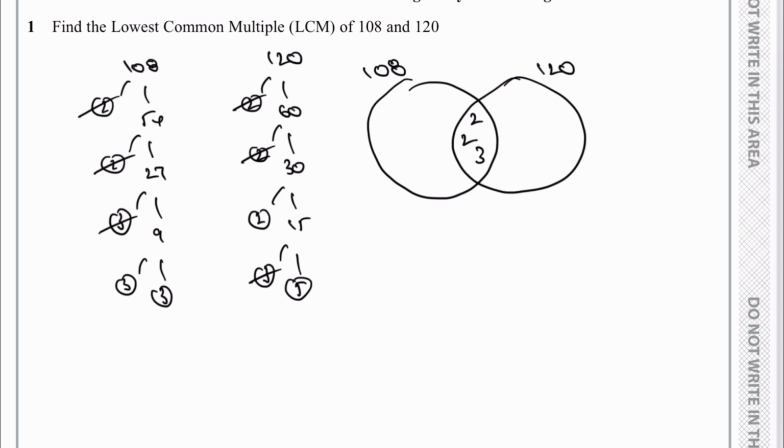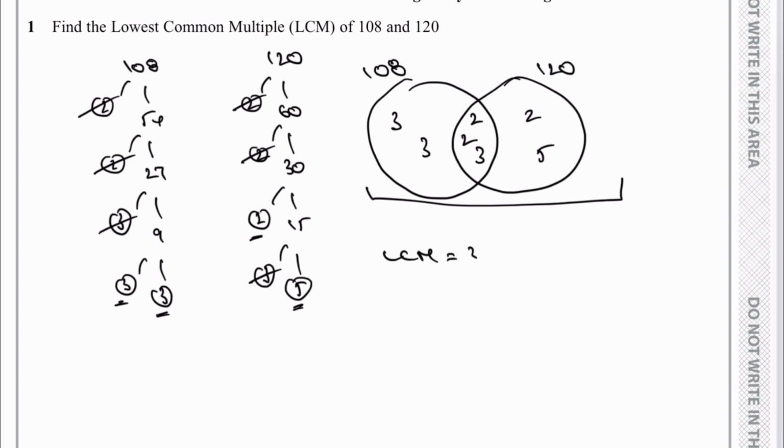However, the question is looking for the lowest common multiple, so I need to complete the diagram and put in the 3 and the 3 for 108, and also the 2 and the 5 for 120 from the factor tree itself. The LCM is simply the multiplication of all of the numbers within the Venn diagram.